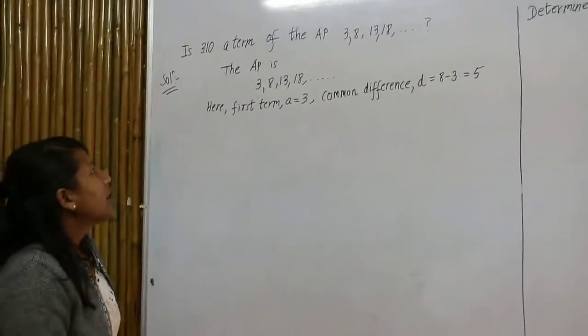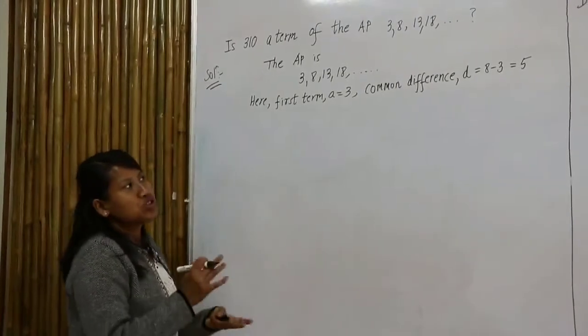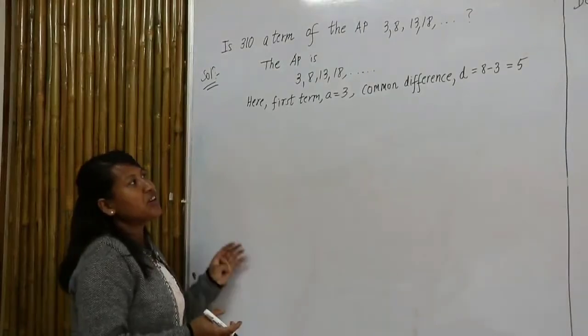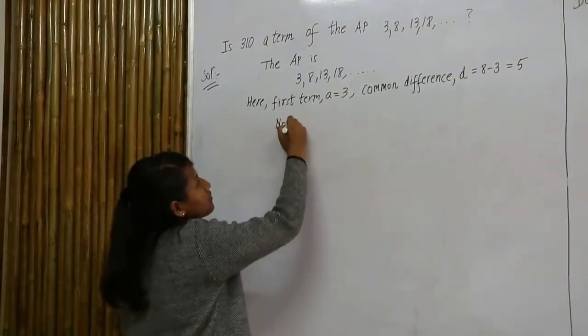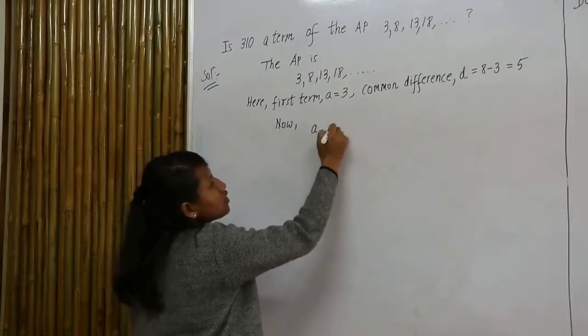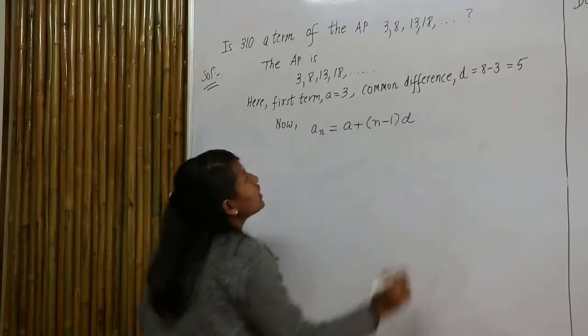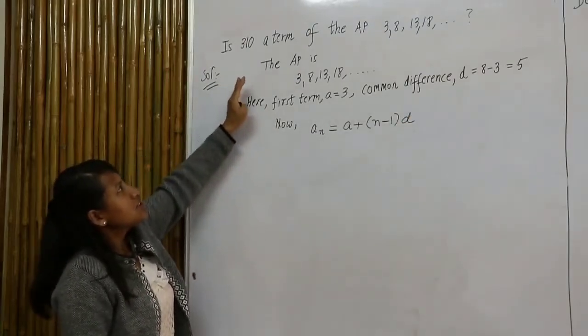Whenever there are questions related to terms and so on, we use the general term formula of an AP: an is equal to a plus n minus 1 times d. So is 310 a term?